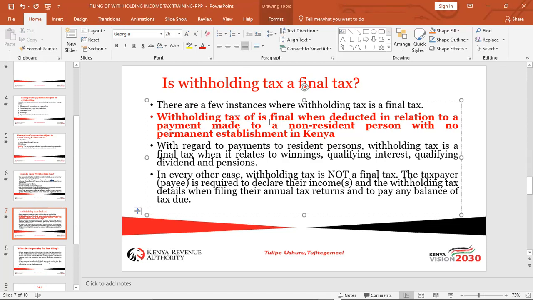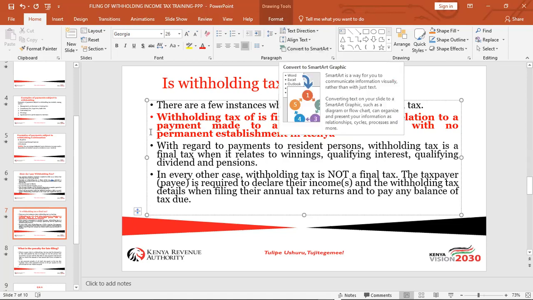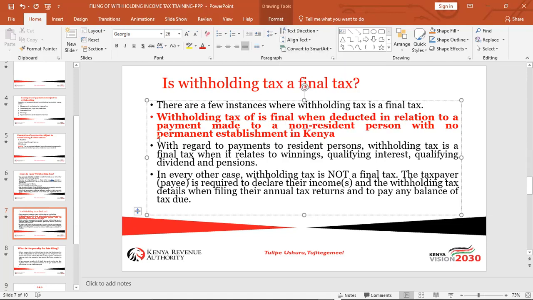It means that during the year, your income has been withheld, so when you do your end-year filing, you must declare this income. That is number one. Number two, since withholding tax is not final, you will have to pay some money relating to that withholding tax. That is what we are going to see here.